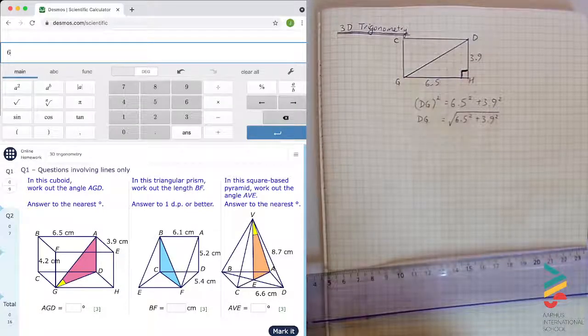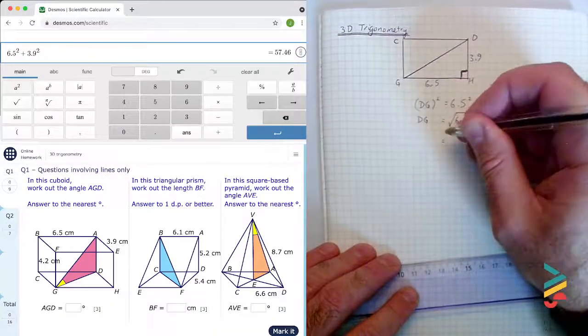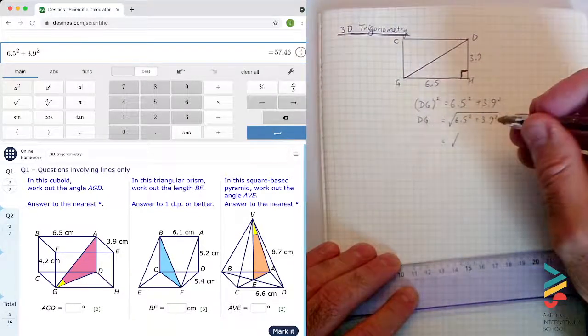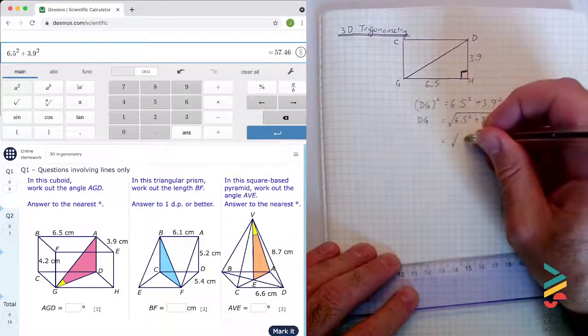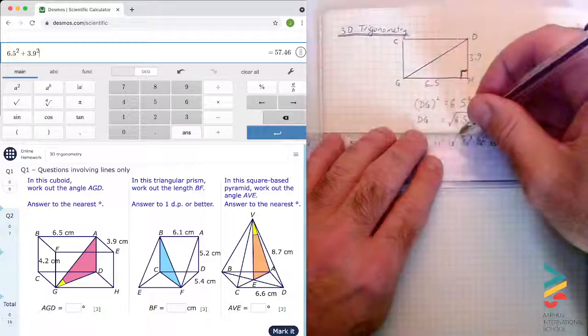So the 6.5 squared plus the 3.9 squared is 57.46. So DG is the square root of 57.46.